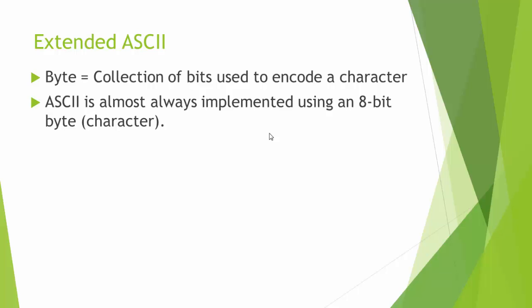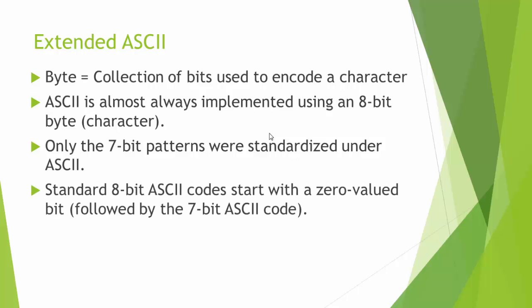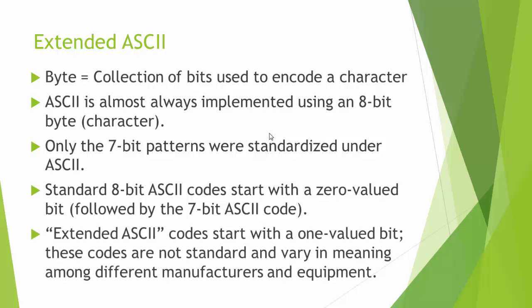And in fact, almost always today, ASCII will be an 8-bit character rather than a 7-bit character. But all of those additional 128 characters that aren't covered under the 7-bit pattern are non-standard. So all these other ones were never defined by the ASCII coalition.